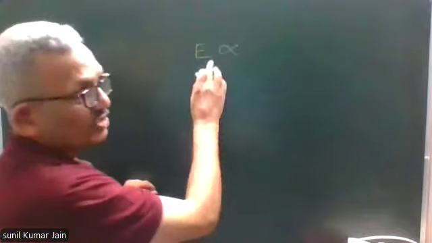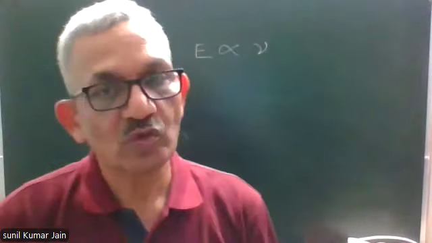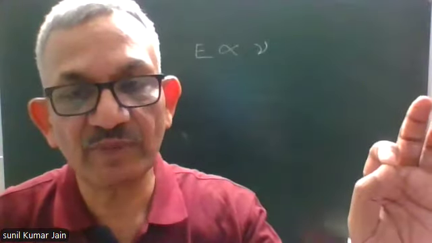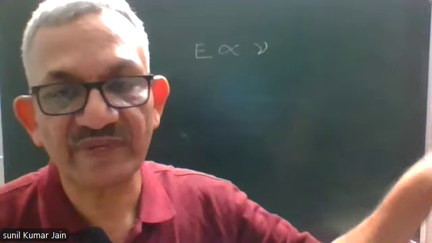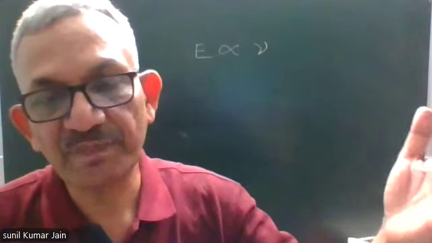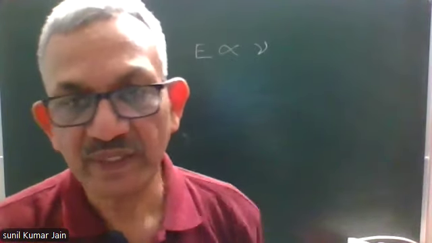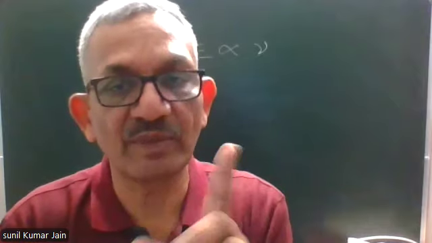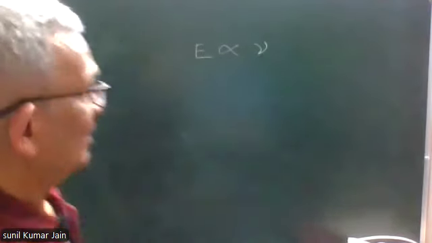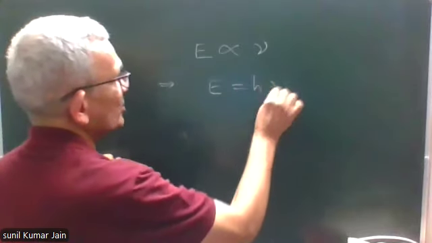E, energy, is directly proportional to frequency. So if we supply energy in the form of radiation, energy supplied will be directly proportional to frequency of radiation. But we can supply energy in the form of heat, light, electricity, in any form, right? Emission of energy will be in the form of radiation, right? Or I can say E is equal to a constant.